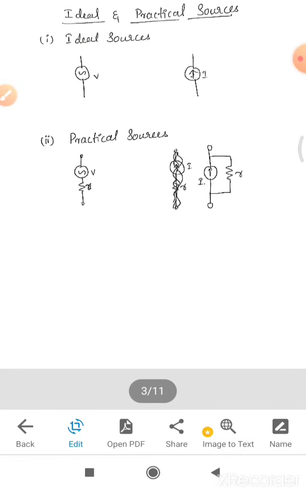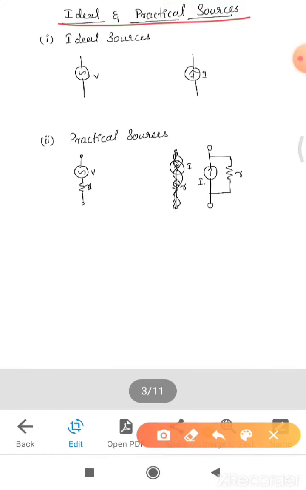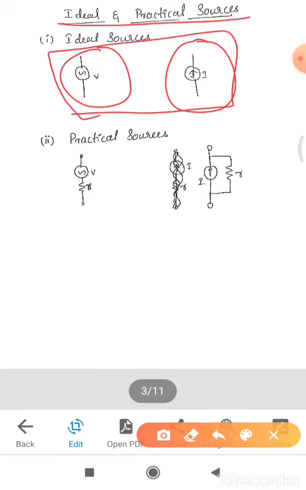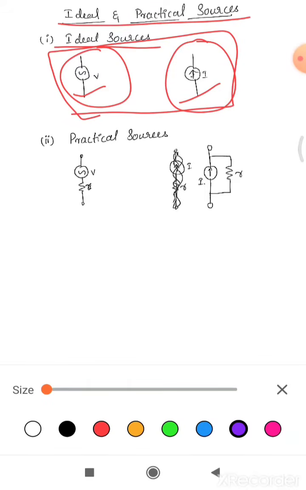Next comes ideal and practical sources. These sources which we have mentioned, voltage source and current source, without internal resistances are called ideal sources. But in practice, in general, we don't get such ideal sources.